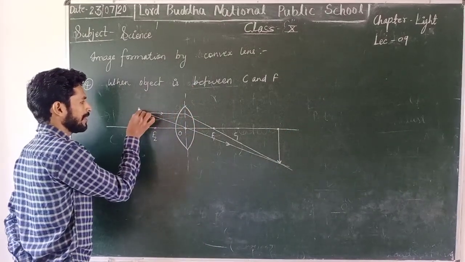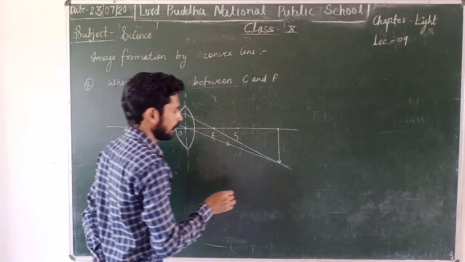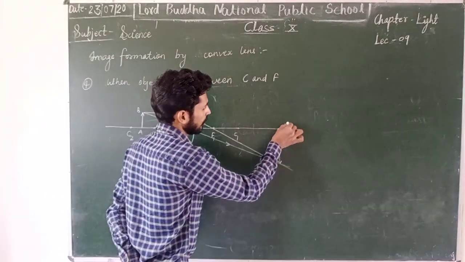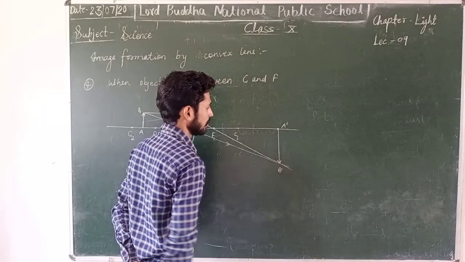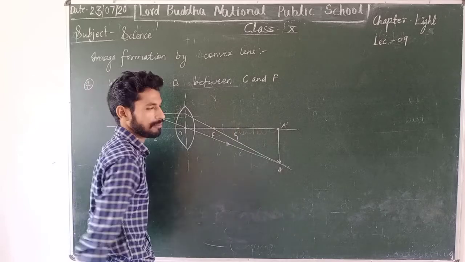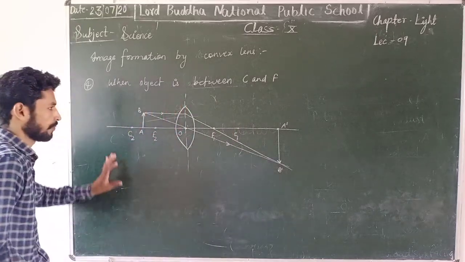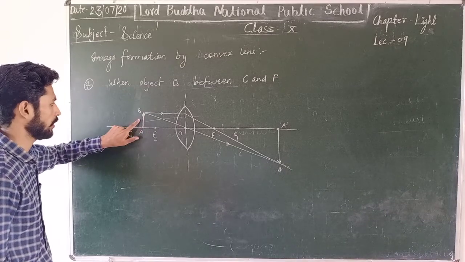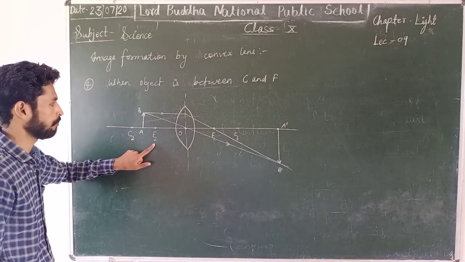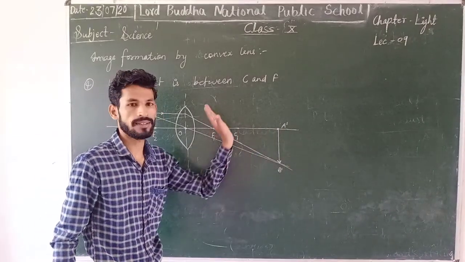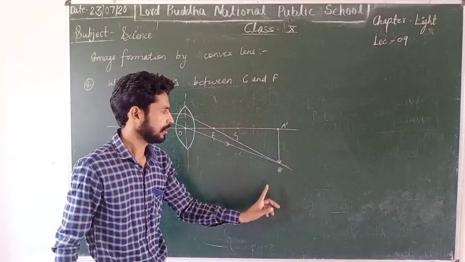Suppose AB is the object, so the image of this object is A dash B dash, which is outside the primary center of curvature. So you can check here, when the object is situated between C and F, the image of this object is formed outside the center of curvature.